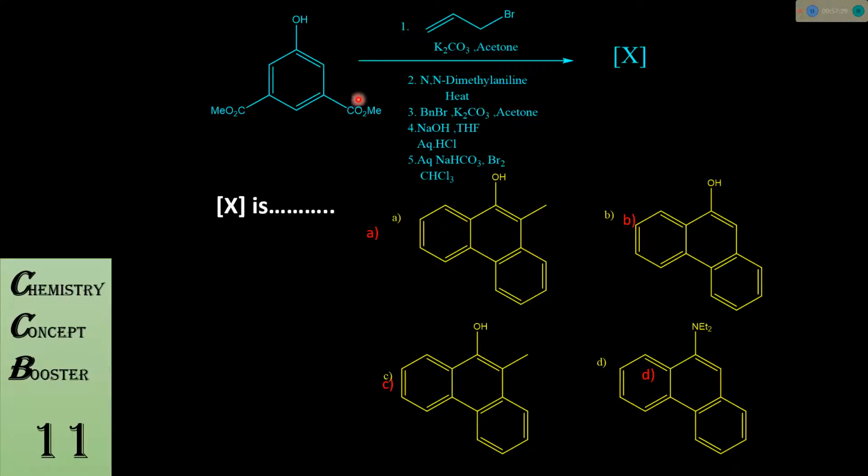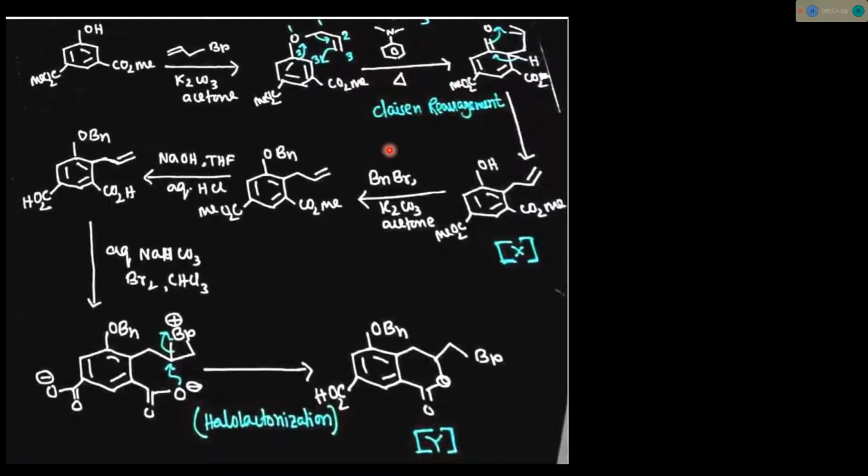Just see the reagent, focus on the starting material, the reagent, and how we can use the reagents. In this whole reaction we can see the use of Claisen rearrangement and halolactonization. So Claisen rearrangement is there, and halolactonization to form a 6-member ring, not a 7-member ring.